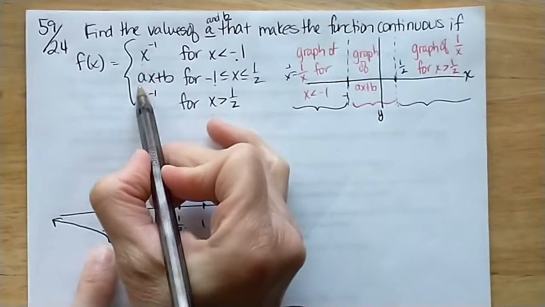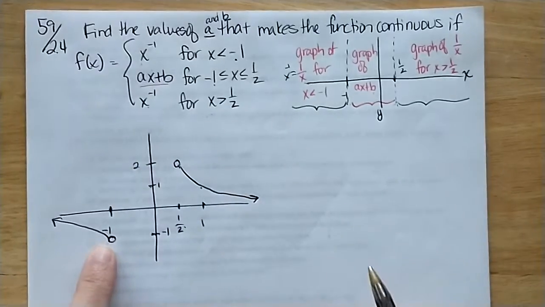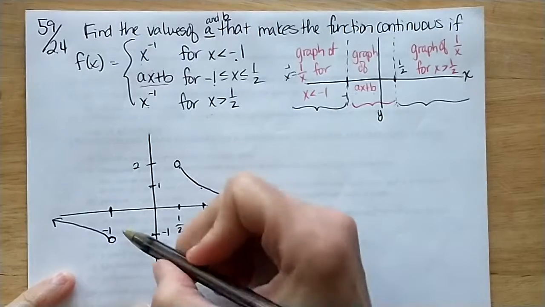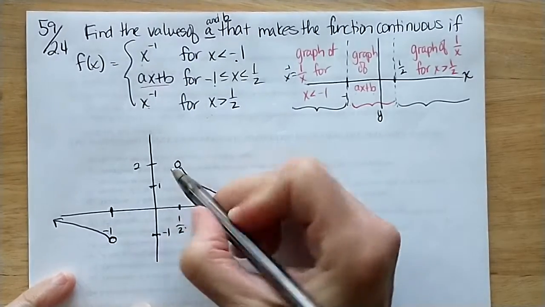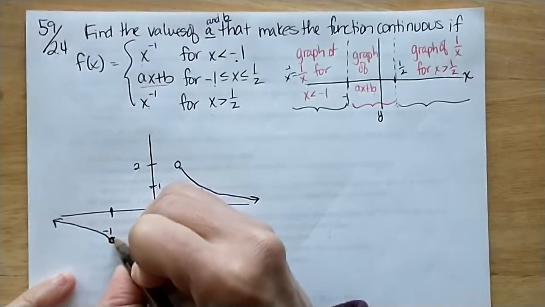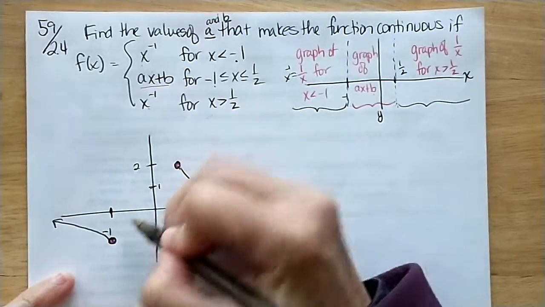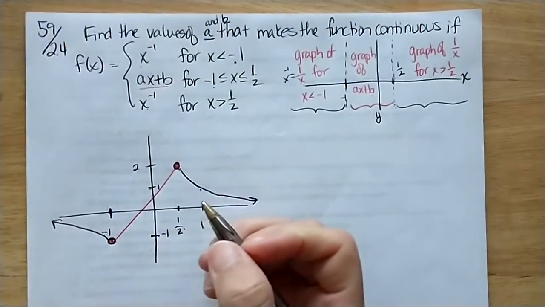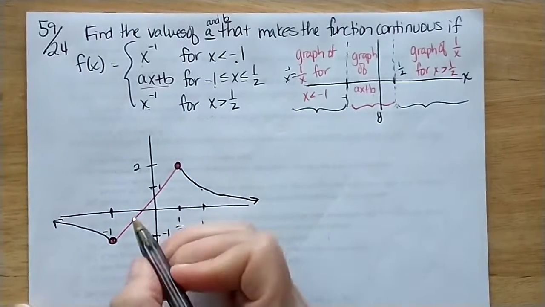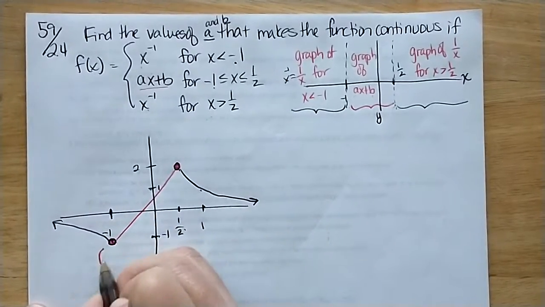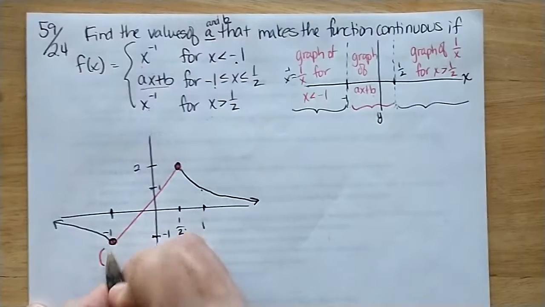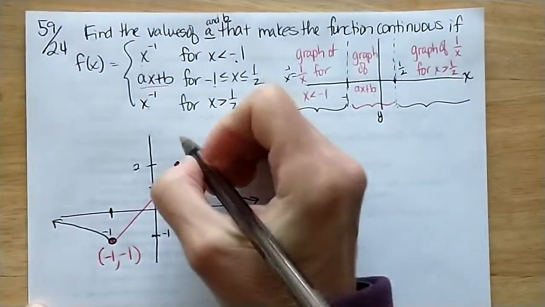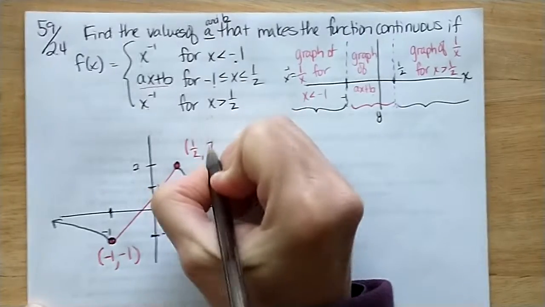And I do know one thing for sure about the middle branch, that it is linear. And the best way that I can think of to make a linear function that bridges this gap is to fill in this hole, and connect them with a line in between. And now this becomes a college algebra problem, because the coordinates of this point are -1, -1, and the coordinates of this point are 1/2, 2.